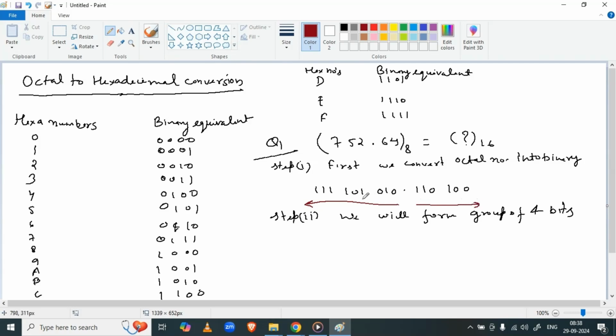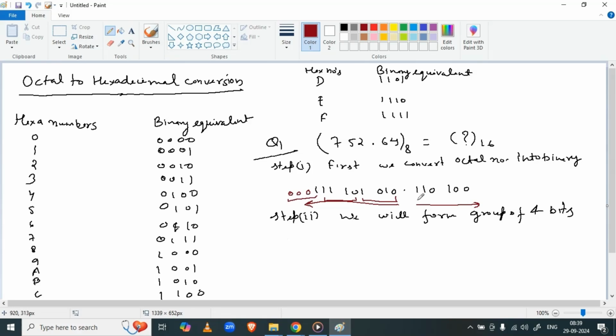Each group contains 4 digits: group 1, group 2. Now one digit is left, so to make another group we add three zeros. Now the third group is also formed.